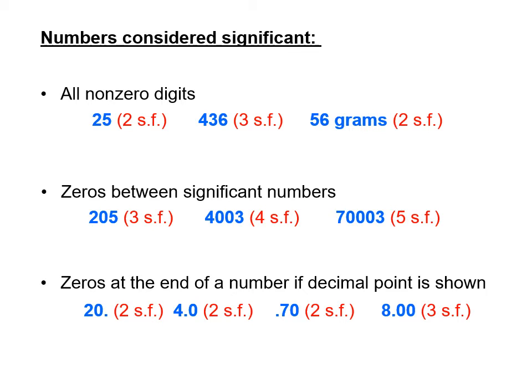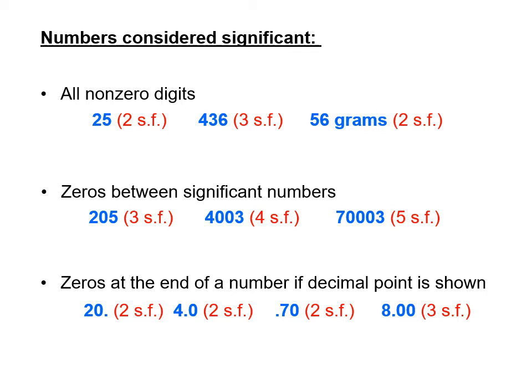So for example, the number 20 point has two significant figures, so that zero at the end is considered significant. The number 4.0 has two significant figures. The number 0.70 has two significant figures also. And the number 8.00 has three significant figures.